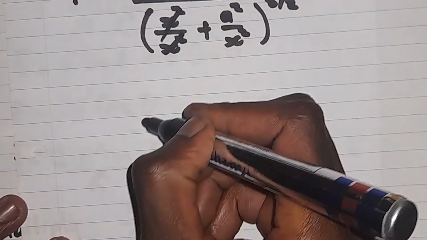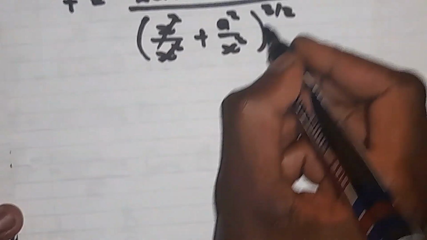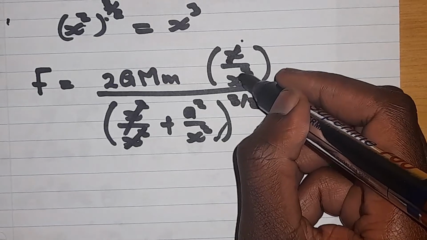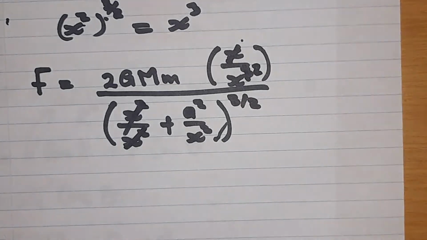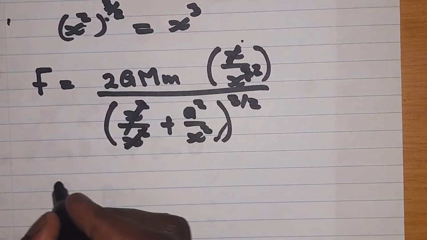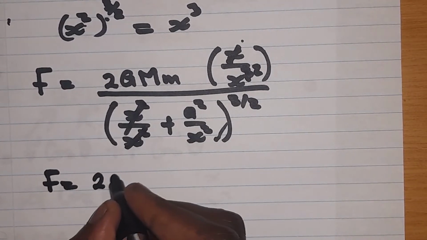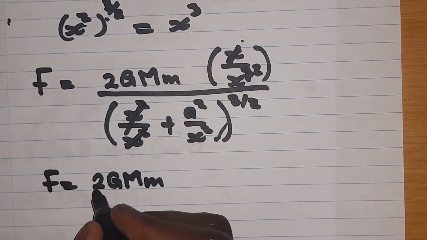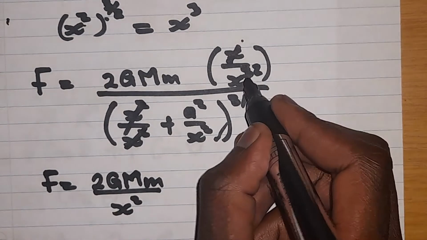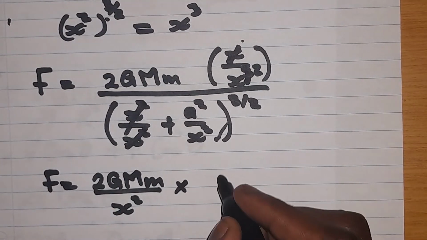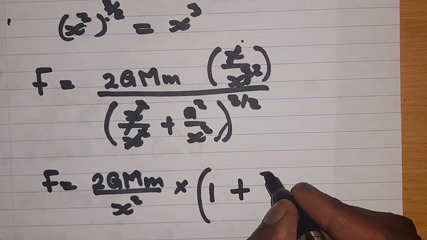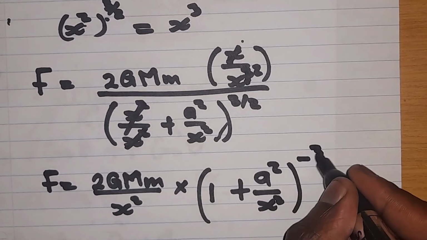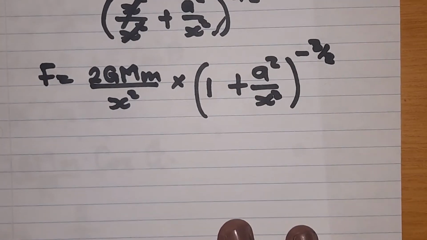And that will give us, this is 1, and this one, the x will cancel out, and here we'll take away 1 x and we'll be left with x squared. So it will be F is equal to 2 G M m all over x squared, which is this x squared, multiplied by 1 plus a squared all over x squared, to the power negative 3 over 2, right?